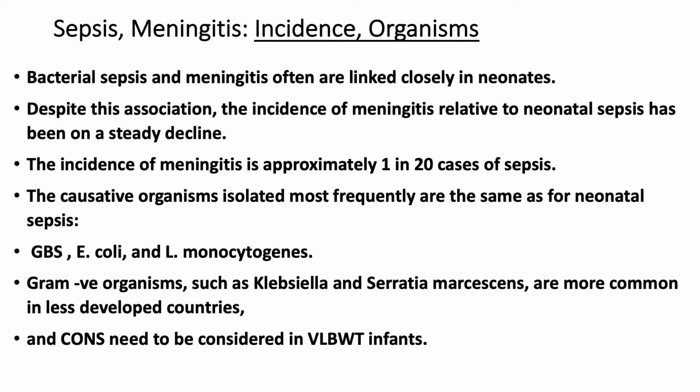The causative organisms isolated most frequently are the same as for neonatal sepsis: group B Streptococci, E. coli, and Listeria monocytogenes. Gram-negative organisms such as Klebsiella, Serratia marcescens are more common in less developed countries. Coagulase-negative staphylococci need to be considered in very low birth weight infants.